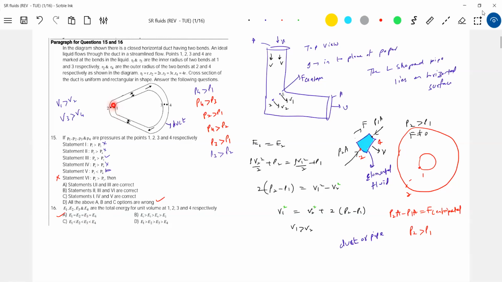For it to take the turn here, P2 should be greater than P1. Okay, that's ruled out. So P2 greater than P1. Then here P4 greater than P3. Try to see this one. So what conclusion can we make? P2 should be greater than P1, P4 greater than P3.